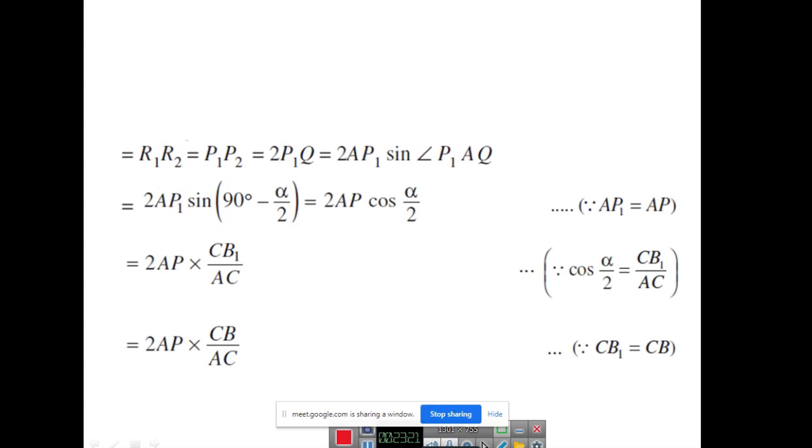So P1Q is half of that. That is equal to 2 AP1 sine of angle P1AQ by the trigonometry equation. Using this equation, finally we get sine of that angle as CB1 by AC. So we are getting the equation as 2AP into CB by AC, because CB1 is nothing but CB only. So you get this type of equation.